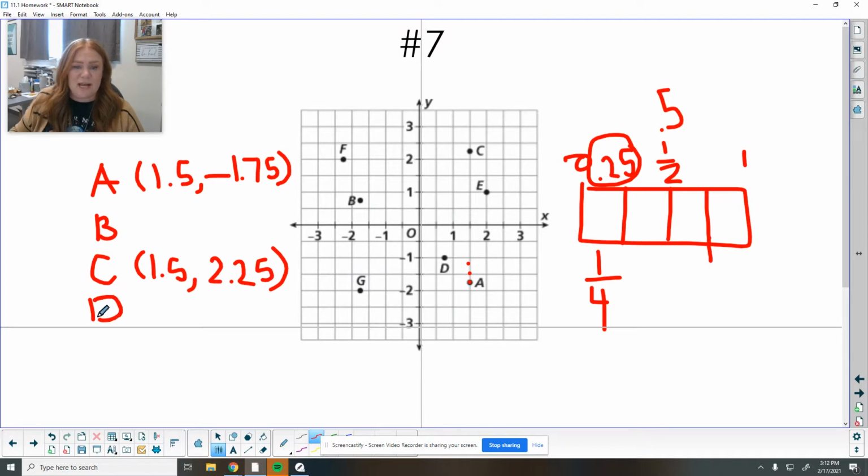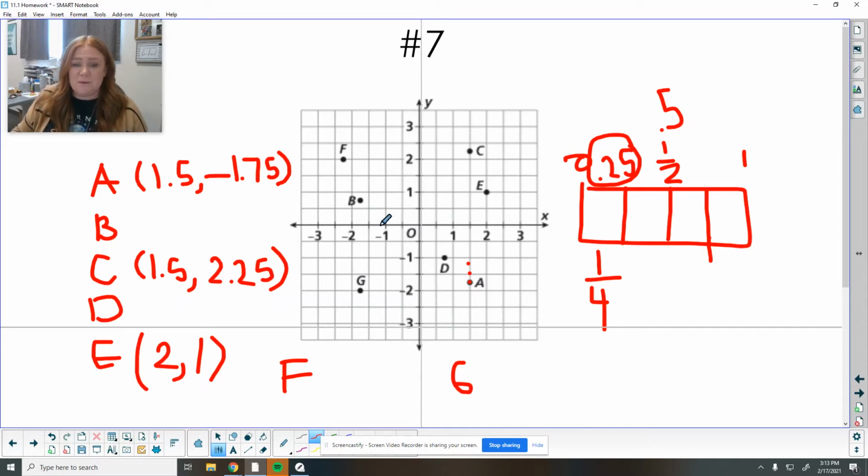So you try D, and I'll do E with you. So E, we're going to go over 2 wholes, so exactly 2, and then up exactly 1. So you try F here, and I will do G with you.